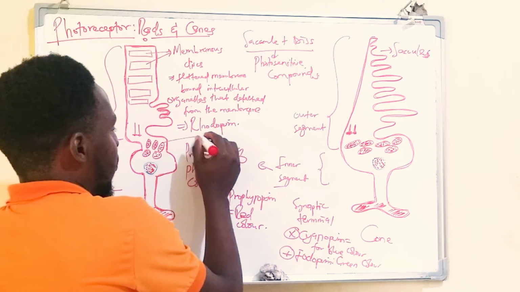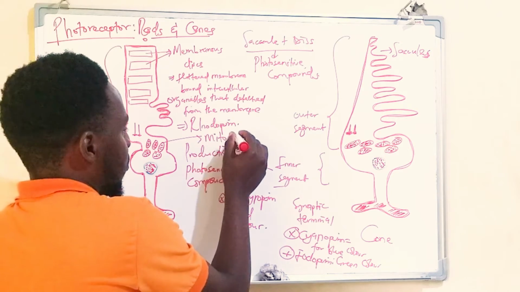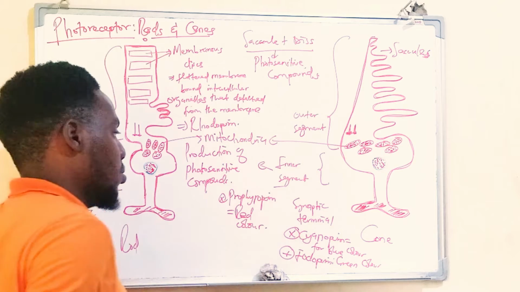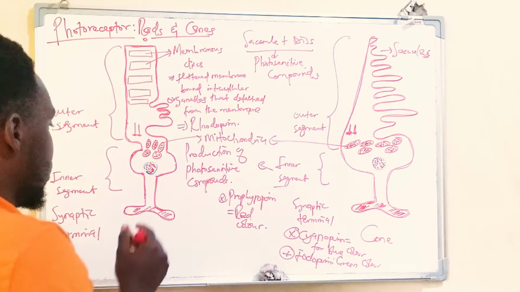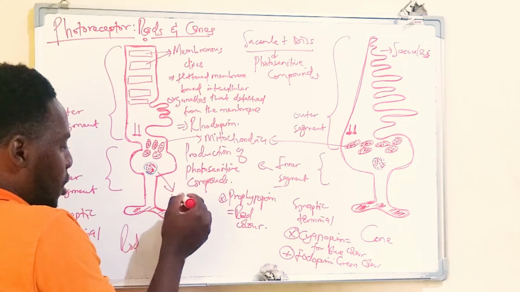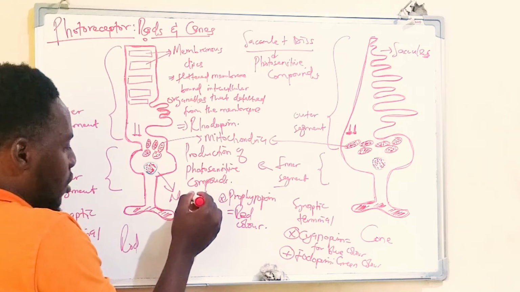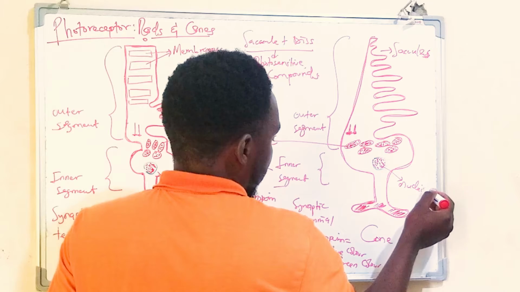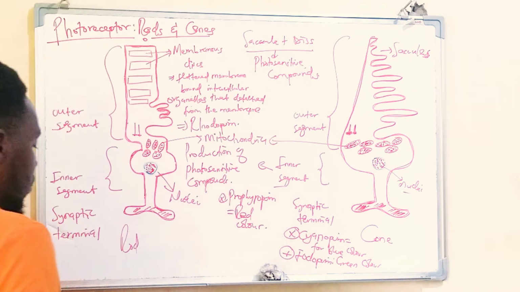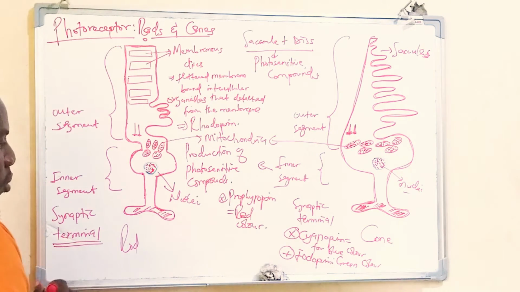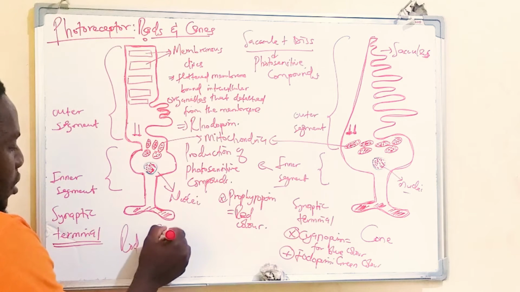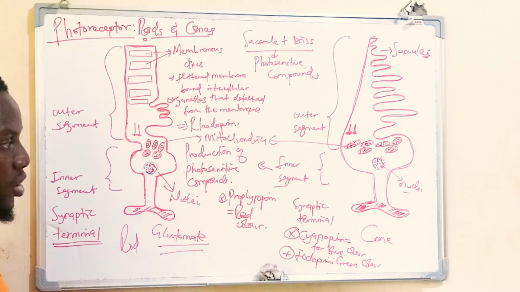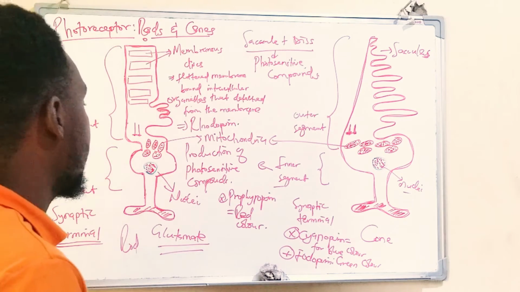You also have mitochondria in the inner segment, as well as the nuclei, or we can say the cell body. Then we have synaptic terminals for both of them, and both of them release glutamate at the synaptic terminal.